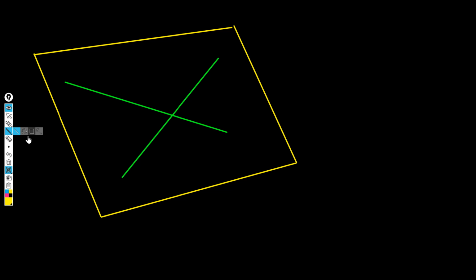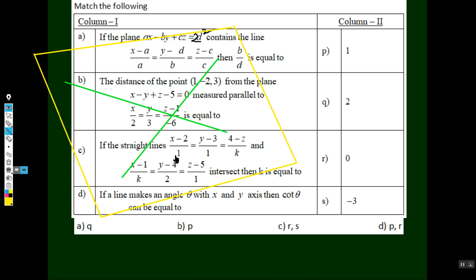Let us take the data of the given lines. The first line has DRs as 1, 1, k, and it is passing through the point 2, 3, and don't forget there is a small twist here. You must write it as z minus 4 by minus k.